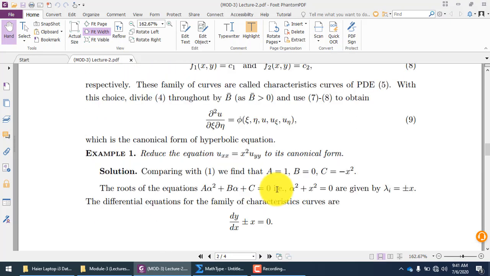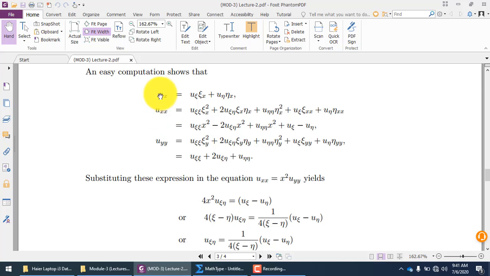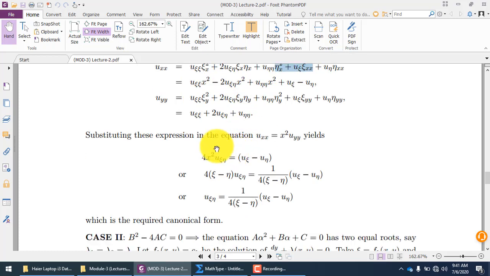Now you will go back to your original partial differential equation. You have uxx, so you have to calculate the value of uxx. In the transformation, ux has that expression and the double derivative has that expression. So when you plug back the values of xi x and eta x here, you will come to know the values of uyy and uxx are these.